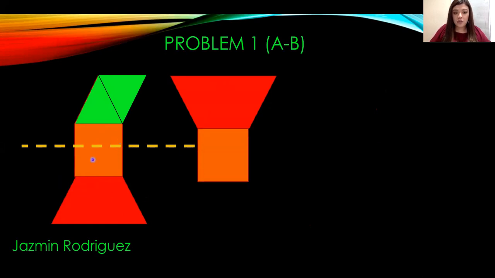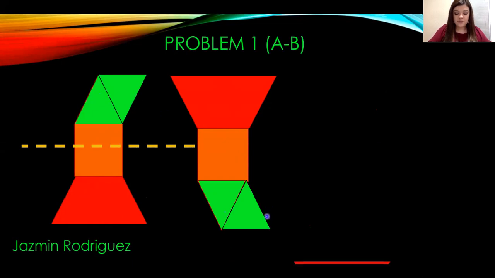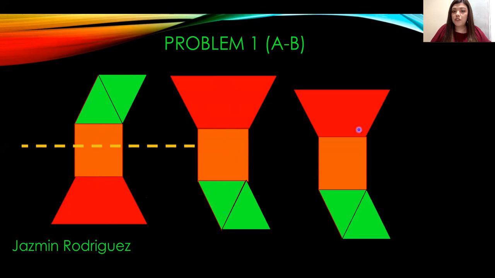Then we have our square, which remains the same. And then we have our two triangles. So this one, we went ahead and inverted it, flipped it over. So when you flip it, it turns this way. When you flip this one, it looks that way. And this is how our figure is supposed to look.